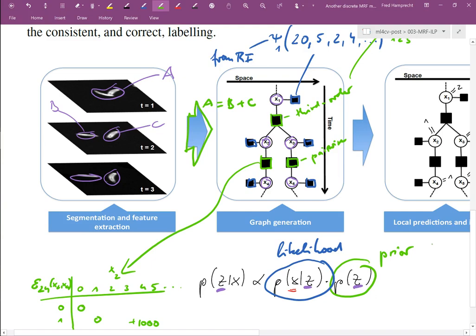So here the blue boxes represent the estimates that I get from looking at the video to decide, for each foreground cluster, how many larvae I think it contains. And the prior encodes the conservation laws. More questions?